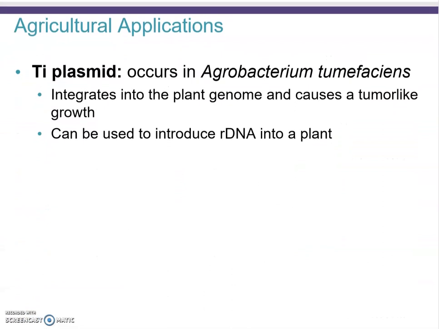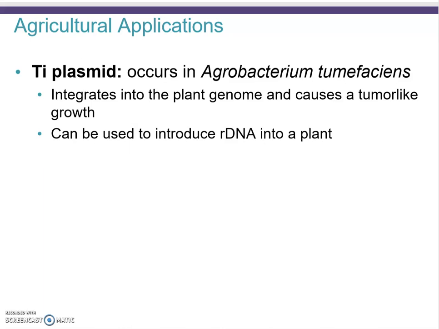This is interesting. Agricultural applications. The Ti plasmid occurs in Agrobacterium tumefaciens, and it integrates into the plant genome and causes tumor-like growth. So what happens with the Ti plasmid is that you can basically use it as a vehicle.